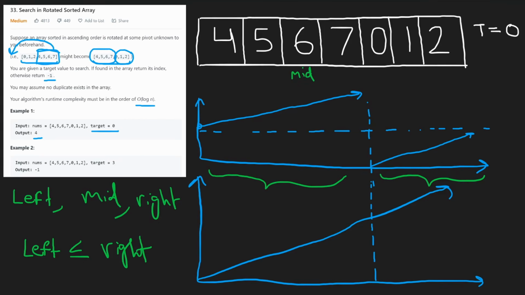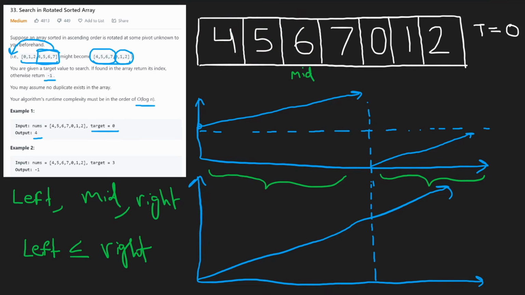Can we use that to our advantage? Let's say our target was greater than 6. Since we're in the left sorted portion, none of these values are greater than 6, so we can eliminate them and run binary search on the other portion. That's pretty easy: if we're in the left sorted portion and our target is greater than the middle, this is what we do.